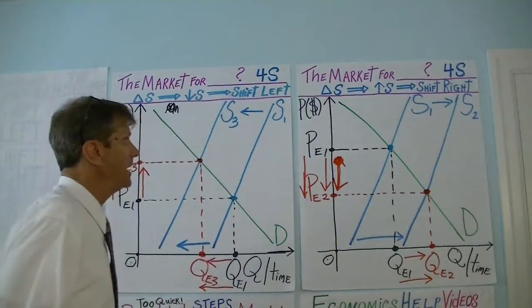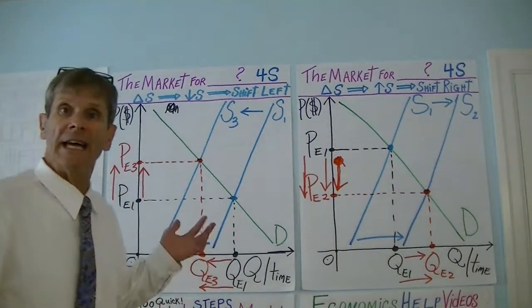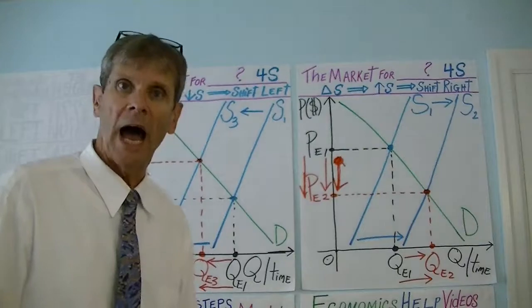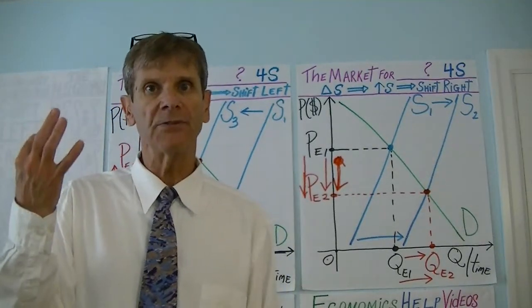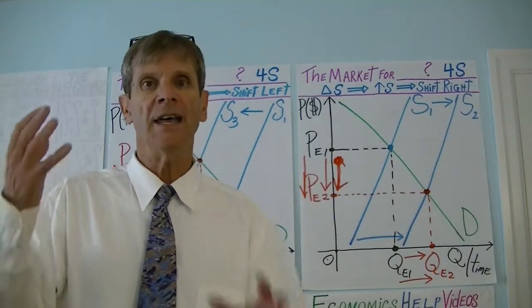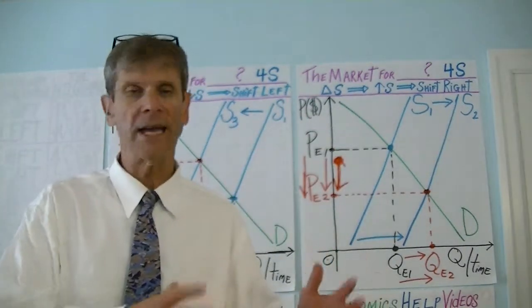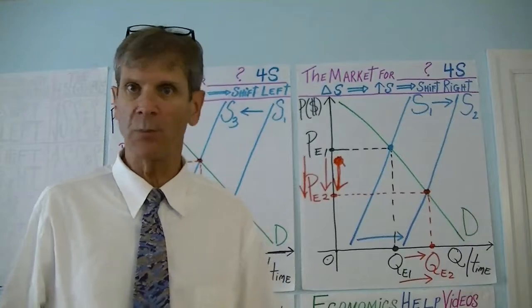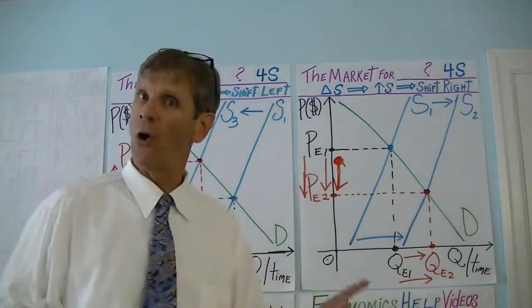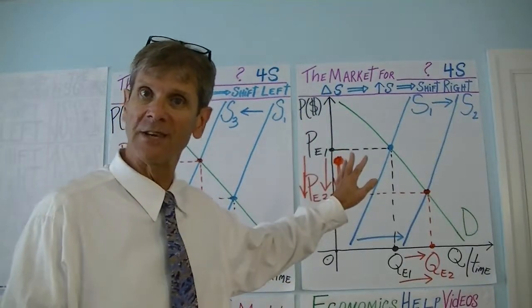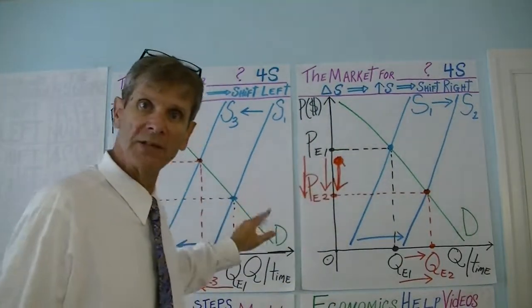I wanted to try to review that if we have a change in supply, where did it come from? On 3S, one of the determinants of supply had to change first. That causes a change in supply. We can only have two changes in supply. Supply can either decrease, like on the left of 4S, or it can increase, like on the right of 4S. So it's got to be one of these two possibilities.